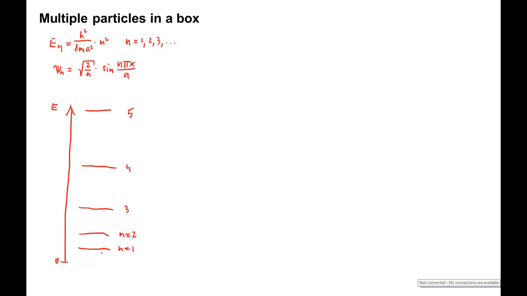What if we have multiple electrons in the same box? In order to describe such a situation, we need to know two fundamental facts about electrons. The first fact is that electrons have spin.